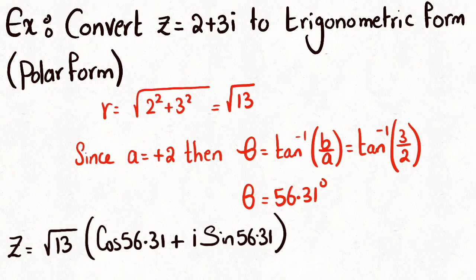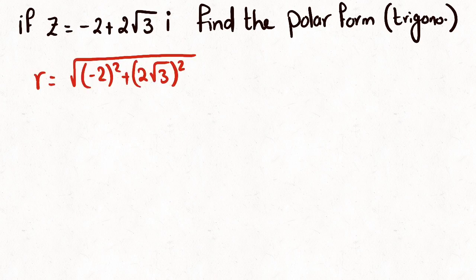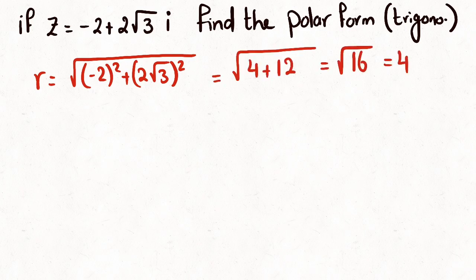So now to another example where a is negative. I'm asking you to convert z equals negative 2 plus 2 radical 3 i to polar form or trigonometric form. R is basically the square root of negative 2 squared plus 2 radical 3 squared. You will calculate it and find the value, which is 4.